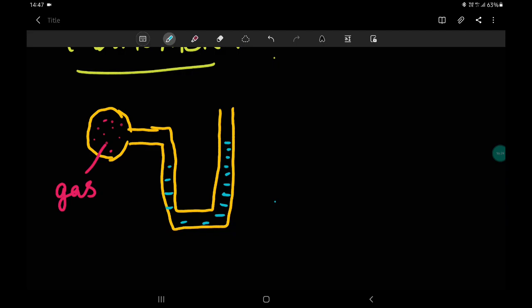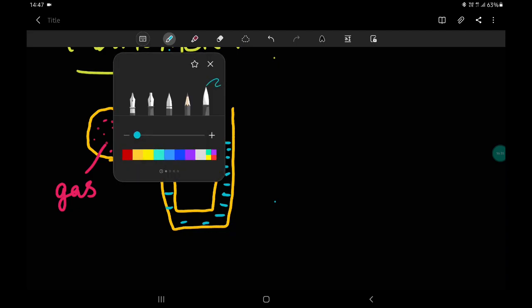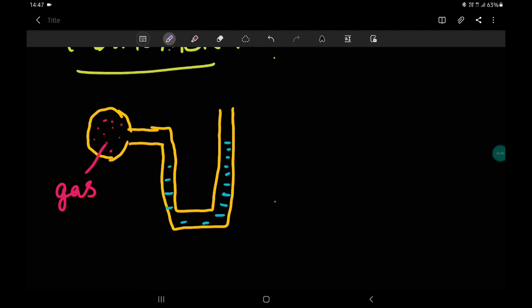Now I will give you three different points over here. The first point here is PC, which is in direct contact with the air. The second point is over here, PB. And the third point is PA over here.